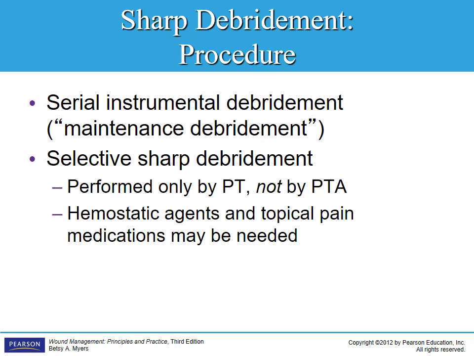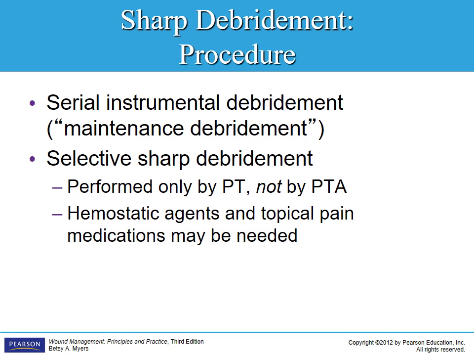But you need to continuously debride this yellow slough off so the granulation tissue will continue, and so you can encourage epithelialization of the wound. That's called serial instrumental debridement or a maintenance debridement: just keeping that adherent slough off of the wound bed so that it'll start to epithelialize.